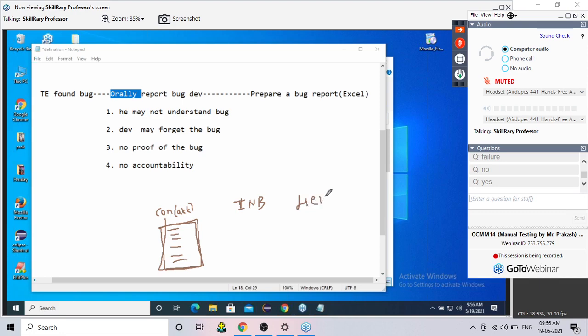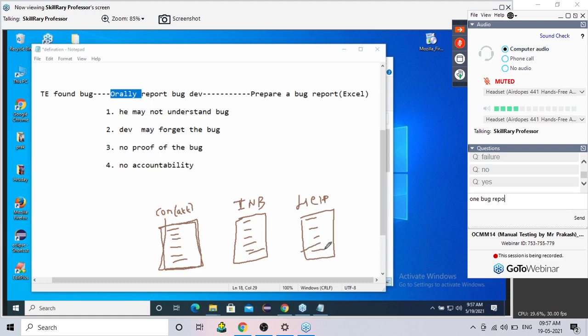Now the question is, should we prepare multiple bug reports, or just prepare one bug report and send it to the developer? Which is a good process? Prepare multiple bug reports, that means if 40 bugs are found, prepare 40 bug reports?